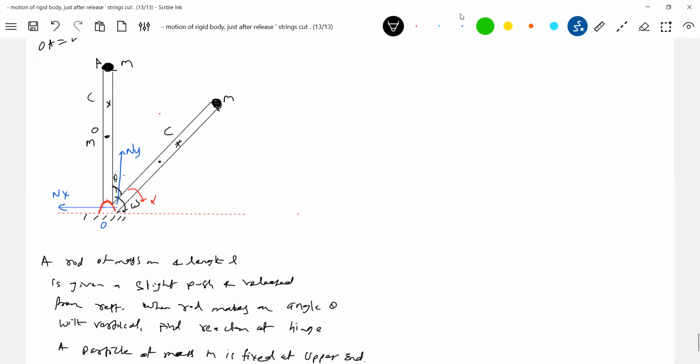The center of mass of the rod will be different, so 2mg will come into the picture. Then how much height has the center of mass descended? It has descended a height h.